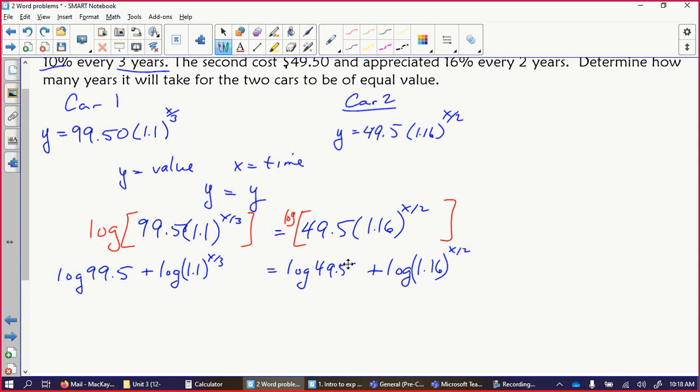Number, number, exponential. So I'm gonna put everything that's a number on one side.